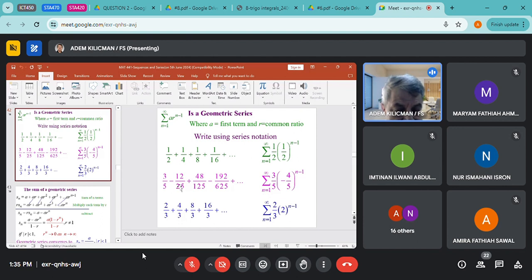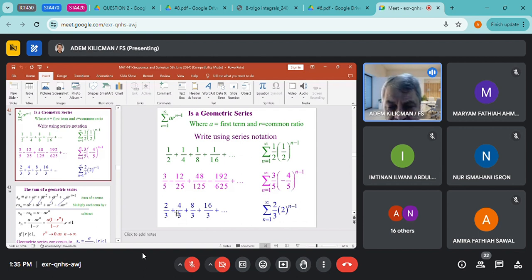And 5, we get 25. How? Multiply by 5. So 4 over 5. But here we have the negative 1, so negative 4 over 5. Then negative times negative goes back to positive, so positive, negative, positive, negative, and so on. In this particular case, the common ratio is negative 4 over 5.